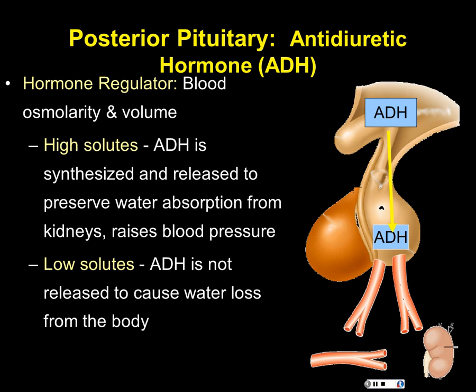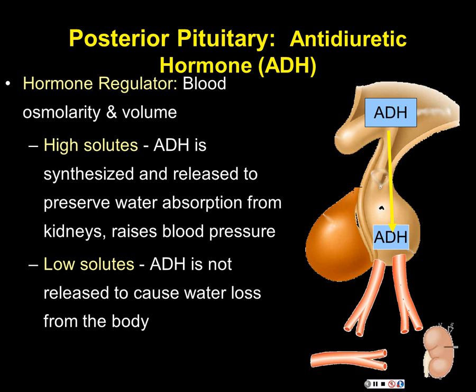Antidiuretic hormone is released, goes into our blood, and we can see our two primary target tissues. On the right is our kidney, and its effect is to absorb water, to dilute out our solutes. So it retains water to dilute our blood plasma.